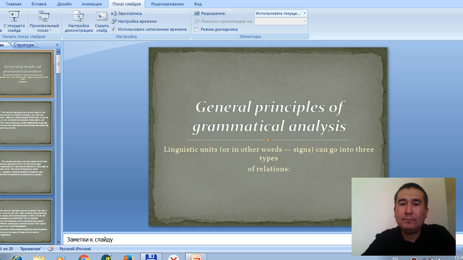Today we are having the fourth seminar, General Principles of Grammatical Analysis. In our previous lectures and seminars, we discussed grammatical types of grammatical analysis, grammatical methods, methodologies, how to analyze sentences, how to analyze words.